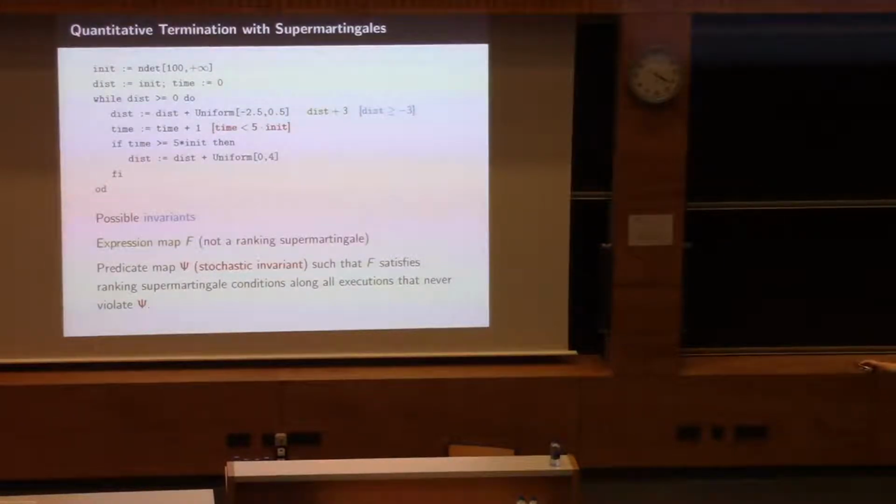For example, here, if time is smaller than 5 times init, then in the next step this if branch cannot be executed, and thus if we restrict ourselves to executions that never violate this assertion, then along all such executions this function basically behaves as a ranking supermartingale. It experiences this average decrease.